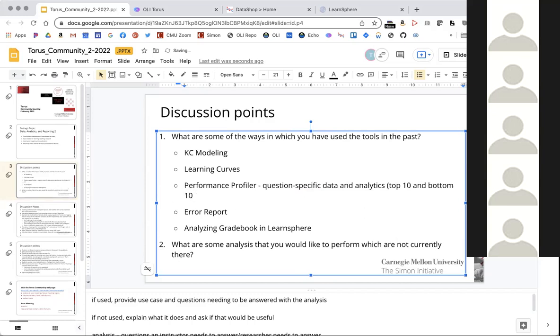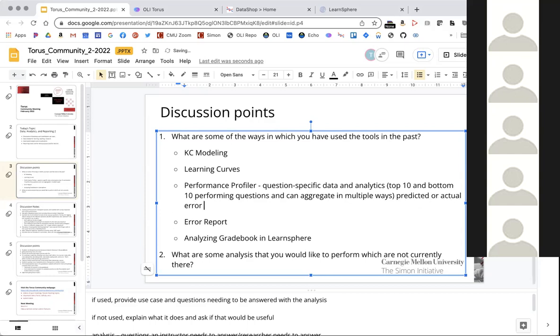And I think you can aggregate the data based on problems, steps, knowledge components, etc. You can even see the predicted error rate or the actual error rate based on the data that is available.